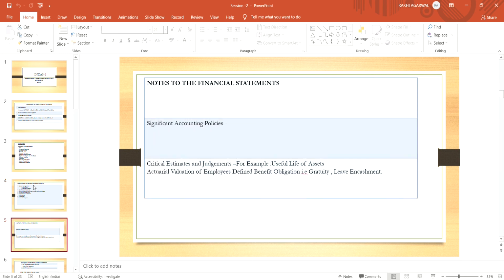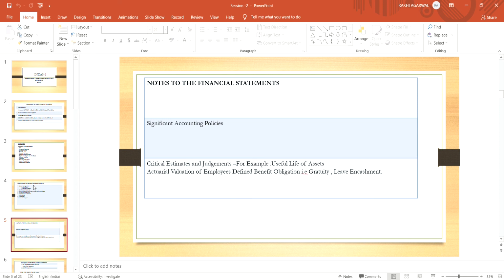Now comes the significant accounting policies. Whatever policy the company adopts, whatever accounting policy the company adopts for the preparation and presentation of financial statements, should be disclosed under significant accounting policies.